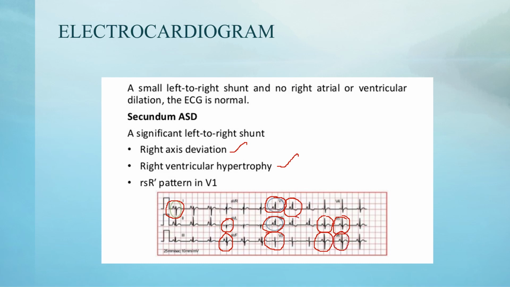Can you see something here in lead V2? A notched wave. This is called the RSR' or M pattern wave, so this indicates the patient has a right bundle branch block. All these three conditions clearly indicate that the patient has an atrial septal defect.